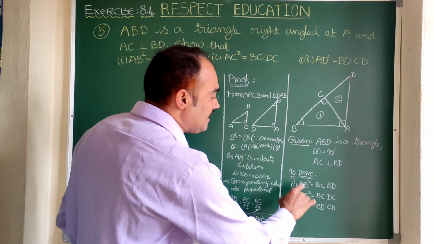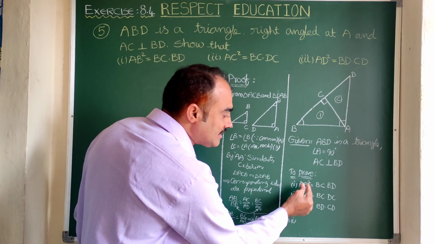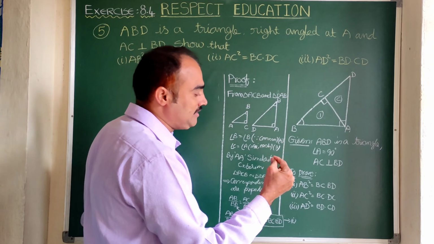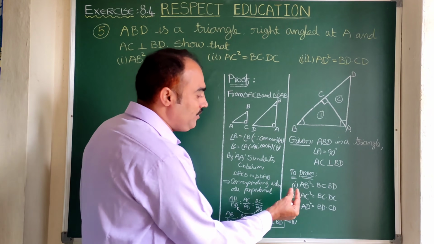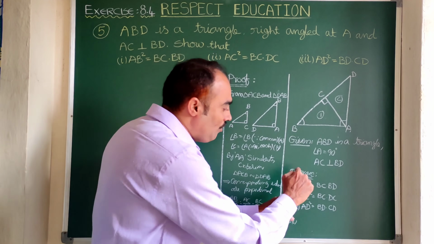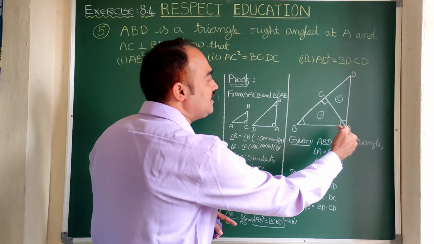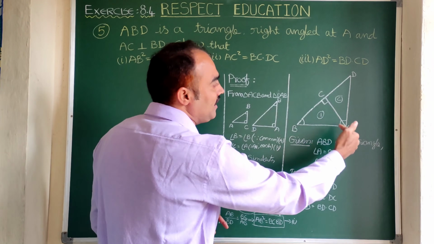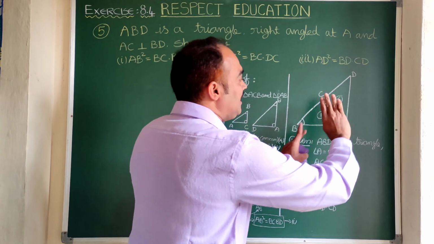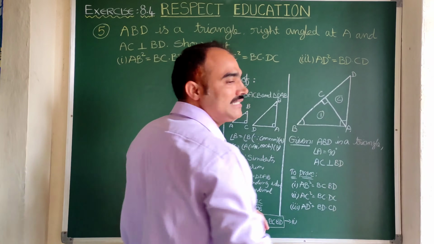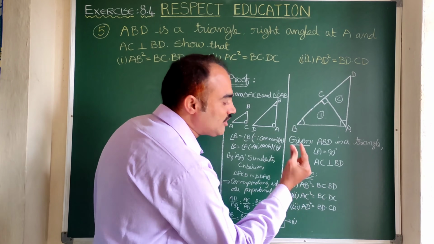Here let us understand the second one. AC square, mentally you write AC into AC. One AC is compared with BC, another AC with DC. Here you see AC with BC, again AC with DC. That means you are taking the first son and the second son. These are the corresponding sides.